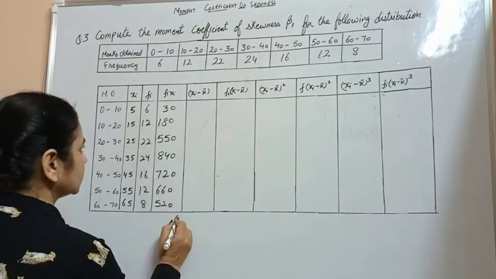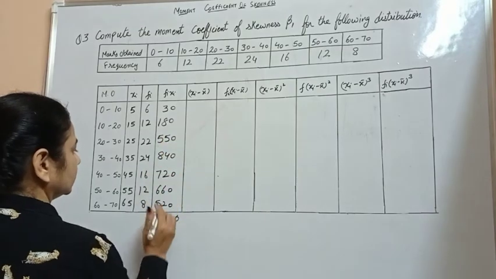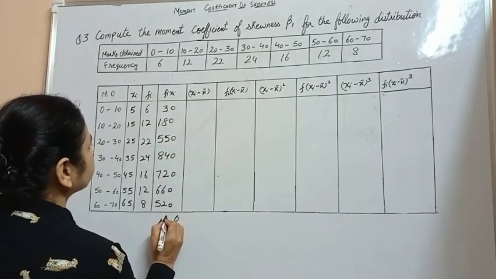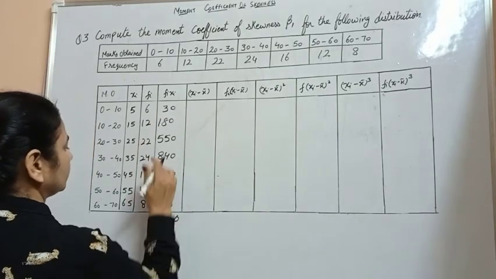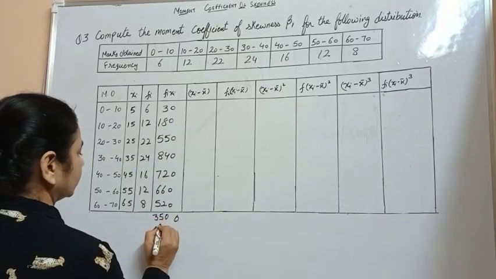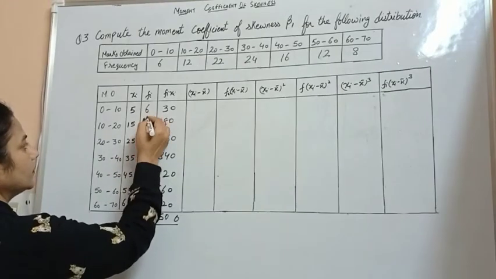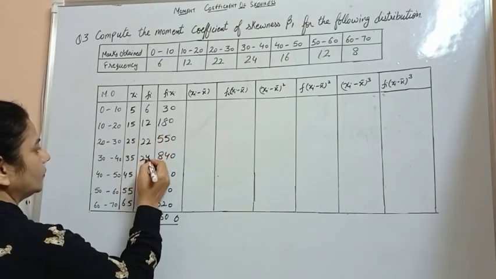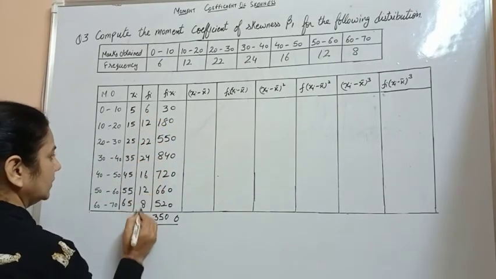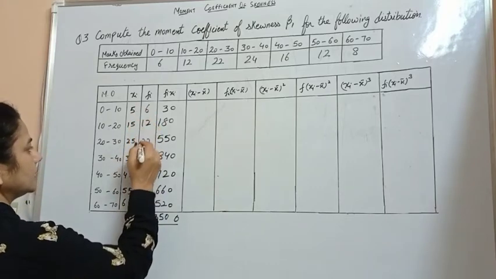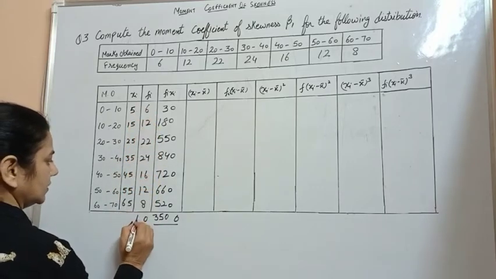Add all this, you will have 3500. Now add the frequencies: 6, 18, 40, 64, 80, 92 and 100.